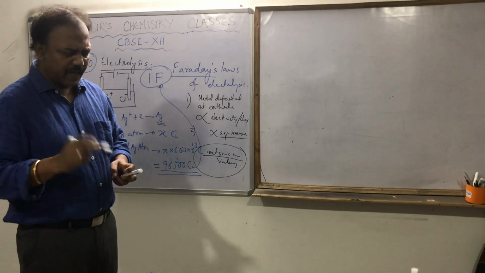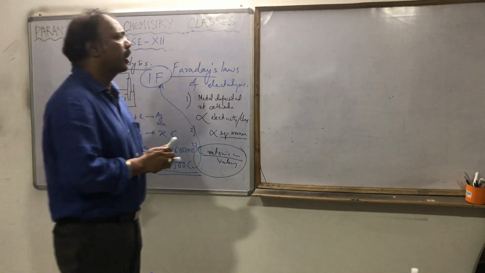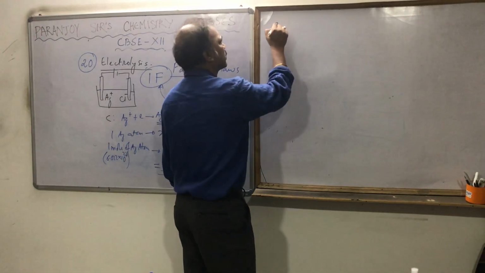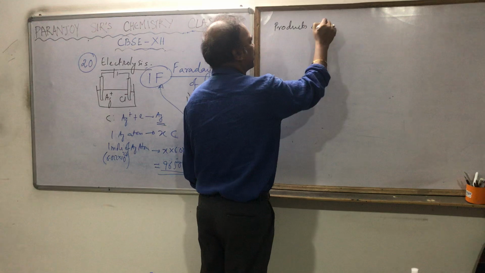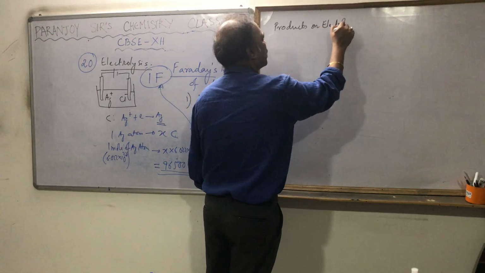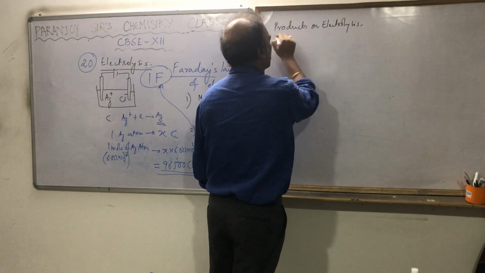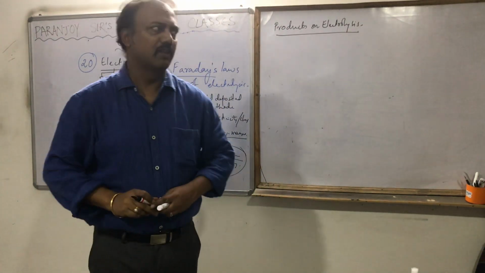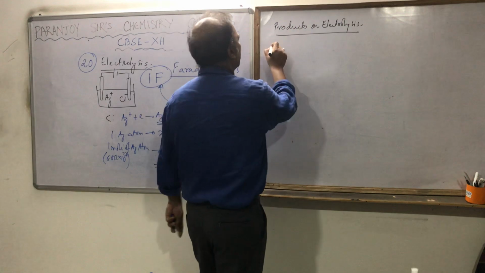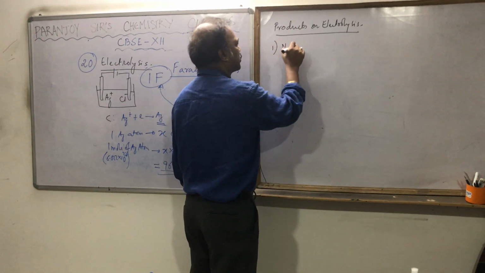The next thing we are going to know is products of electrolysis. Now what will be the product due to the electrolysis? That depends on certain factors. First of all, it depends on the nature of electrodes.